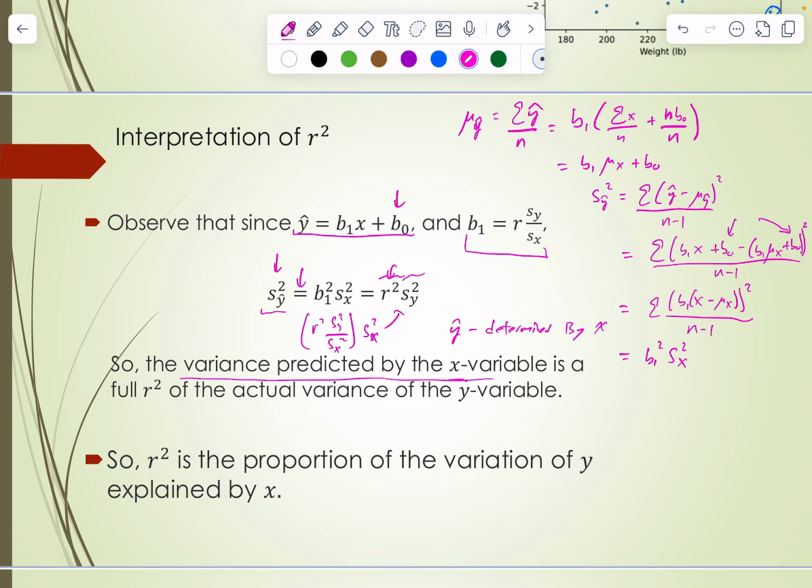So there's some noise or variance that's unique to y, but the proportion of that variation of y that is, we say, explained by x, that proportion is r squared. So that tells you how much of that variation in y can be attributed to the variation in x.